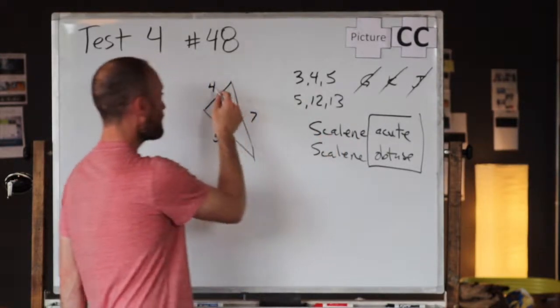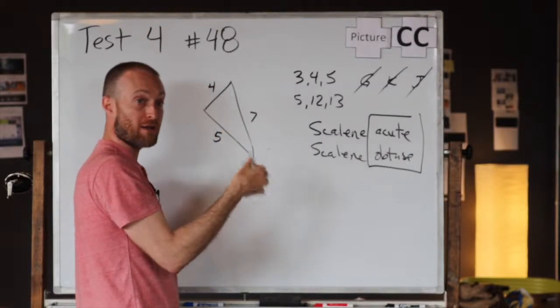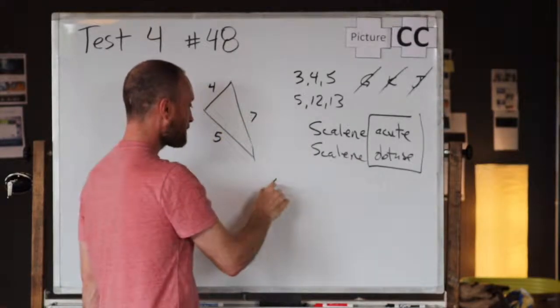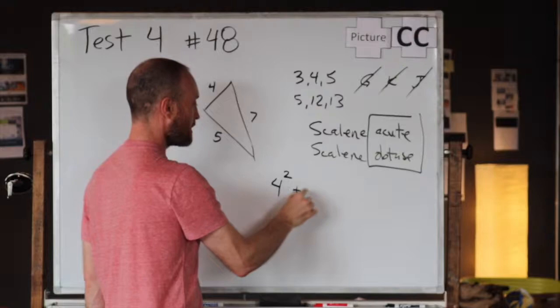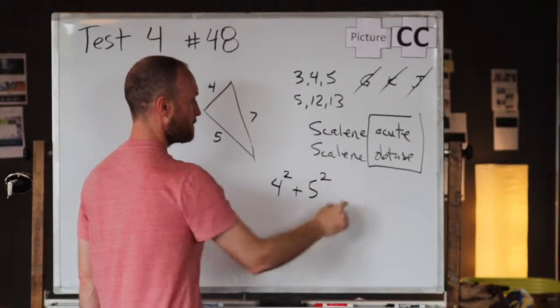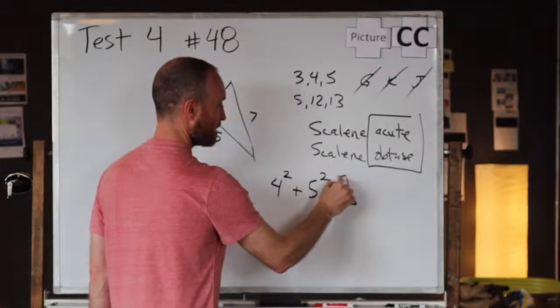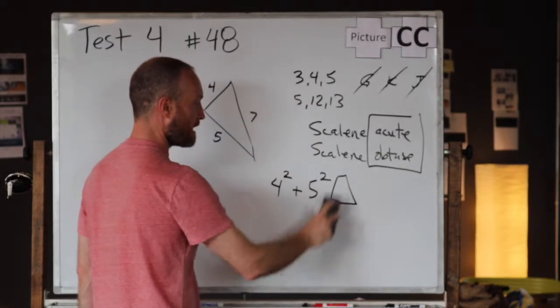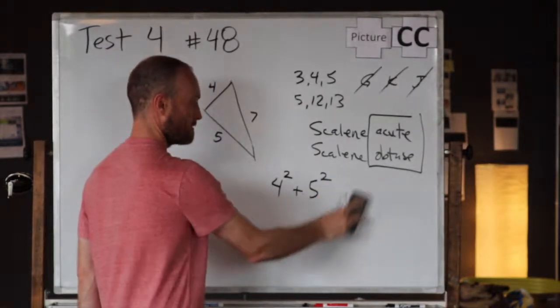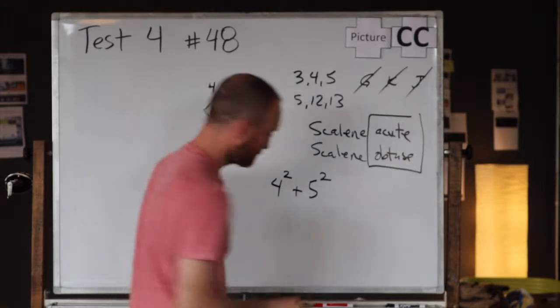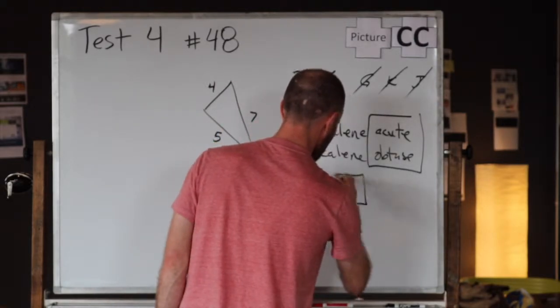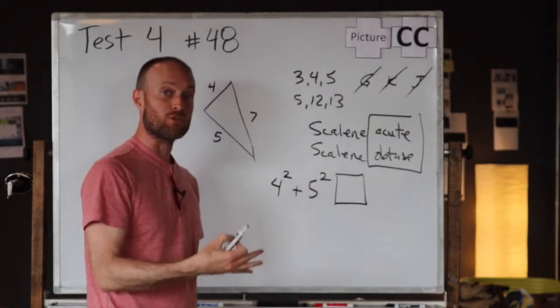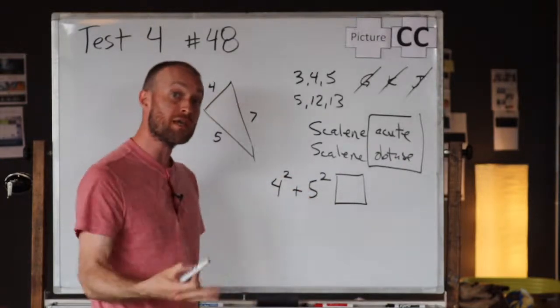So here we go. The two legs of a right triangle, if this were a right triangle, would be 4 squared plus 5 squared. I'm going to leave a box here. That is a horrible box. It's not equal to; if it were equal to, it would be a right triangle.